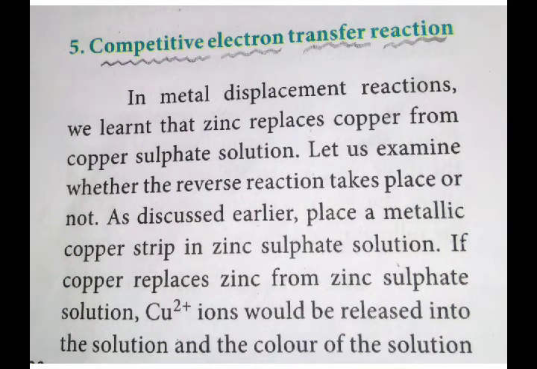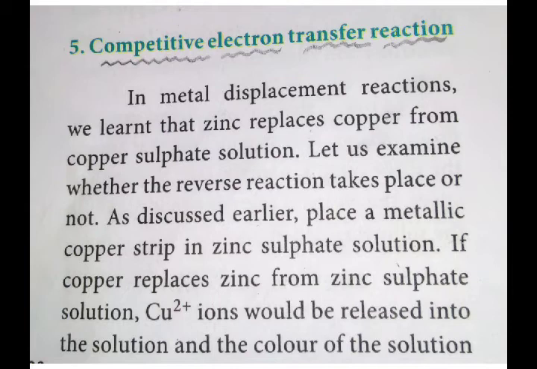In metal displacement, zinc displaces copper from copper sulfate solution, whereas now we try the reverse reaction: placing a copper strip in colorless zinc sulfate solution. At that time, the reaction doesn't take place.